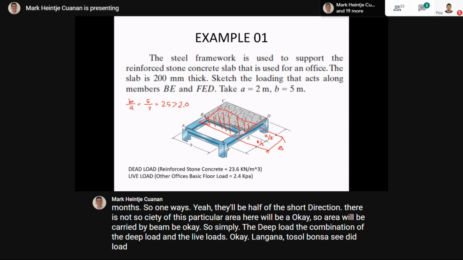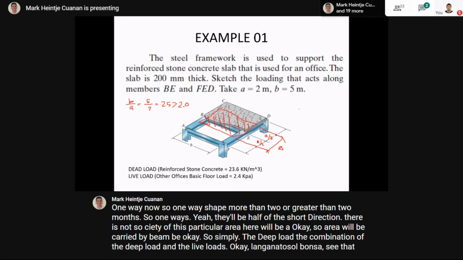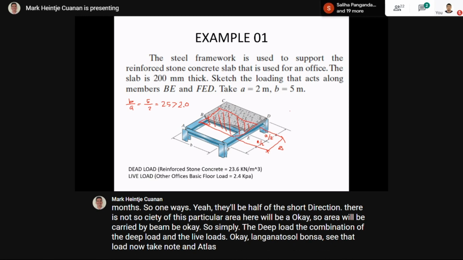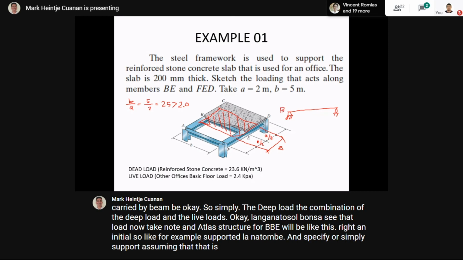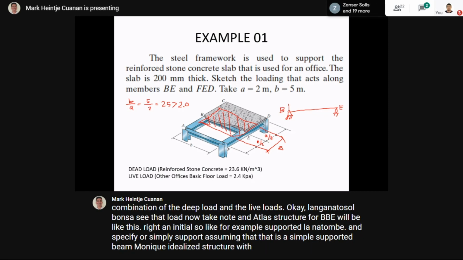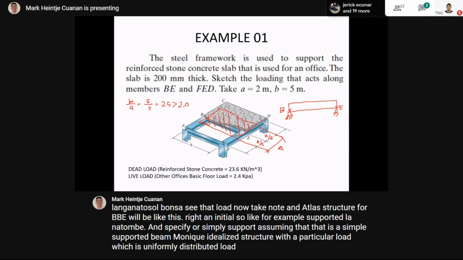Now take note, our idealized structure for beam BE will be like this. Right? So, for example, our beam BE is simply supported. It is not specified whether it is fixed or simply supported. Assuming that it is a simply supported beam, this is its idealized structure with a particular load, which is a uniformly distributed load all throughout the span of the beam.